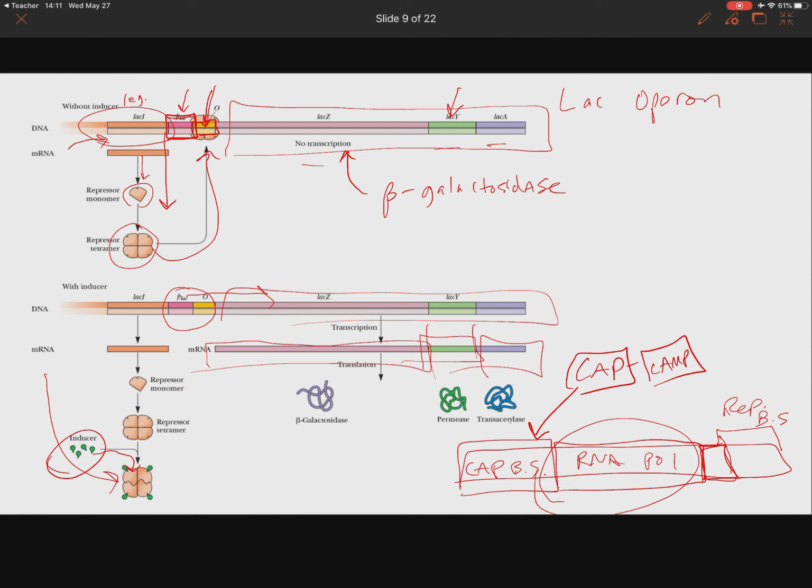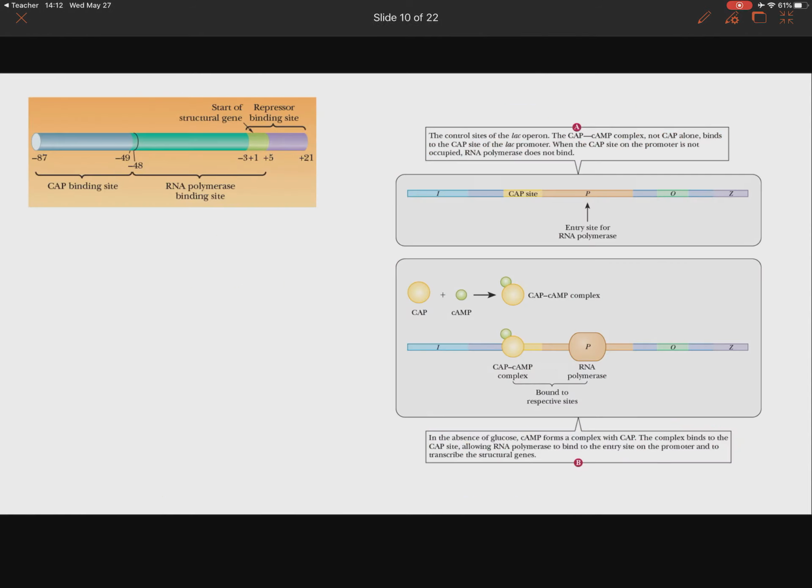Without the CAP and cAMP complex, this process wouldn't happen, and we wouldn't make lactase. So two things have to happen: lactose has to be present as an inducer, and we have to have this complex forming, which only happens if glucose isn't around.